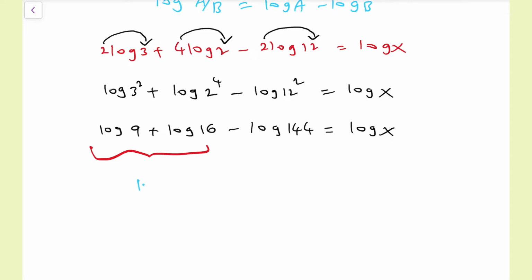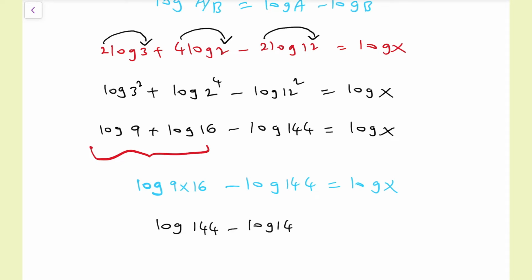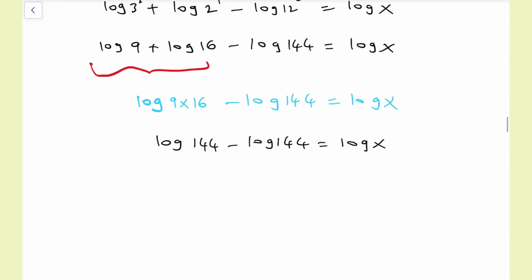So log 9 times 16 is 144, minus log 144 as it is, equals log x. Now log 144 minus log 144 becomes 0, which equals log x.